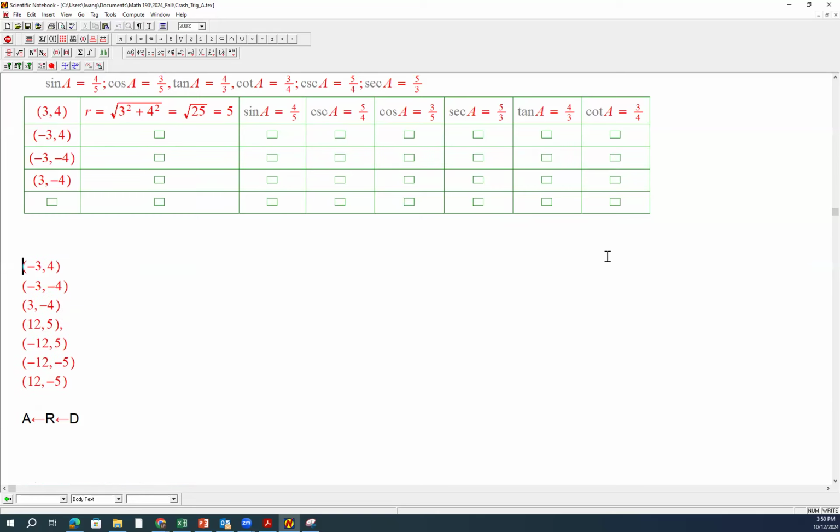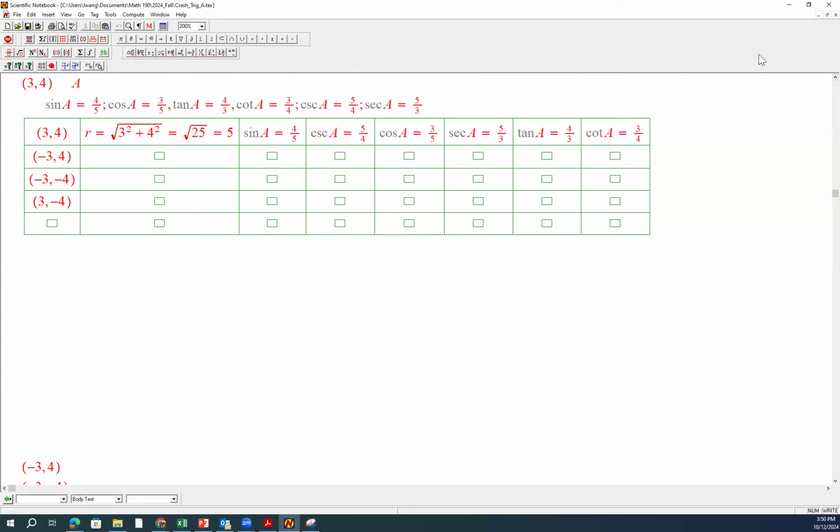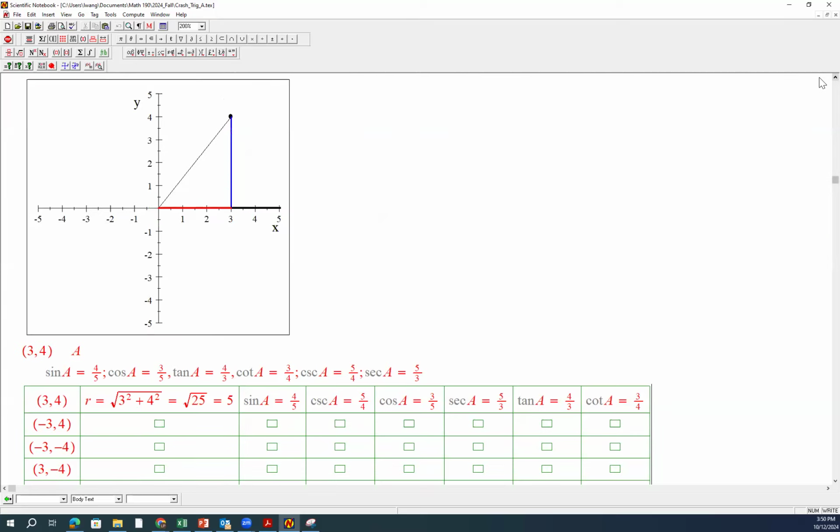Now let's clean this up. We might need some space to do some calculation. While you are doing that, I'm going to mark the other 3 points.